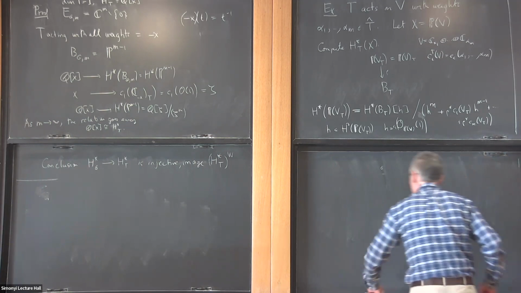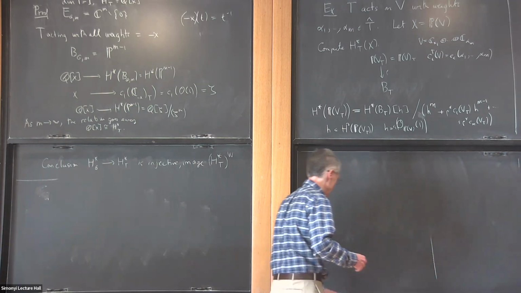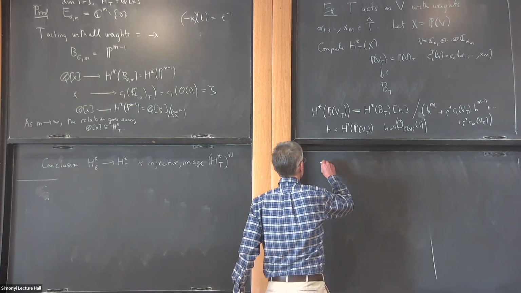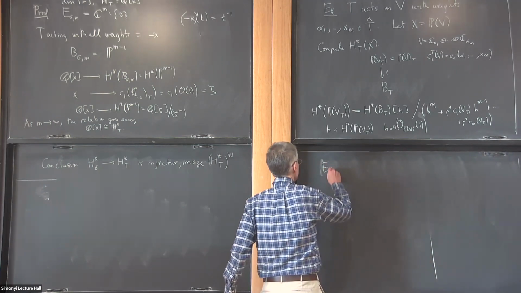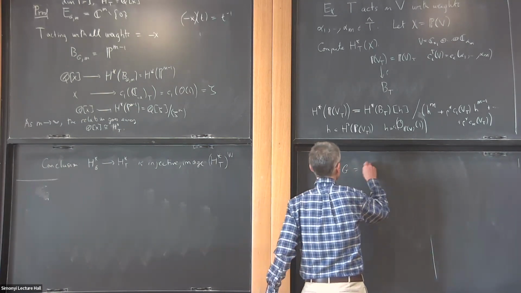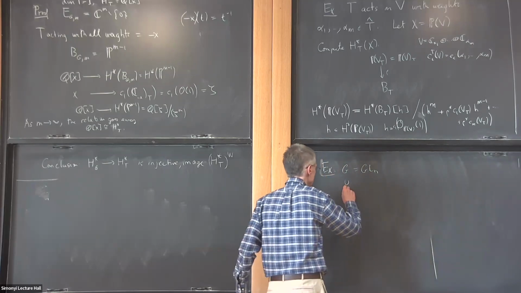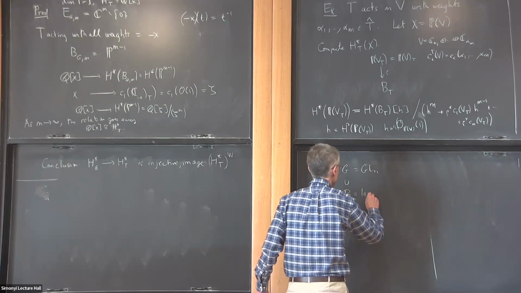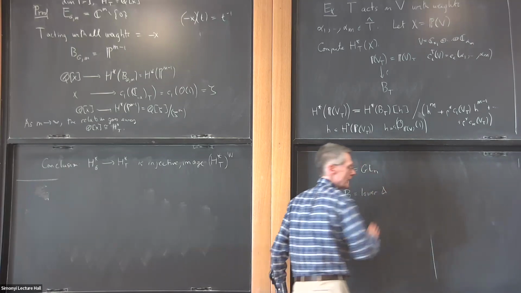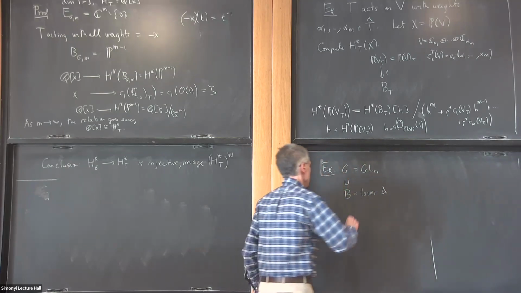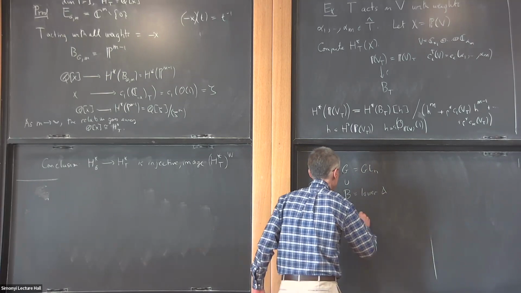Okay. So the next thing I want to talk about is the following example. Again, G is GLn. Sitting inside here, I'm going to let B be equal to the lower triangular matrices, and I'm going to let T be the diagonal.